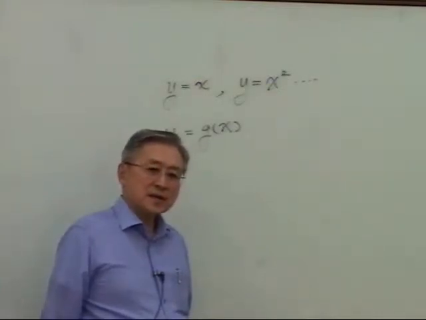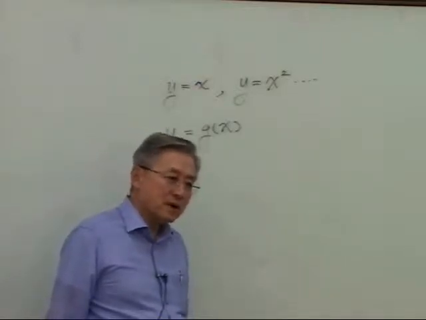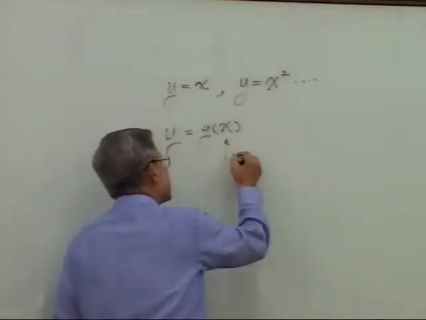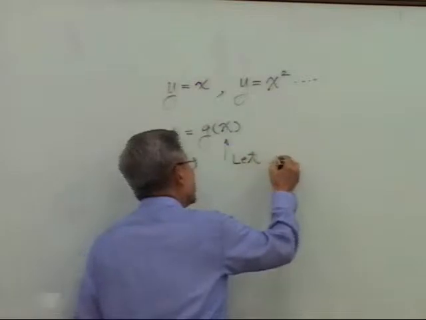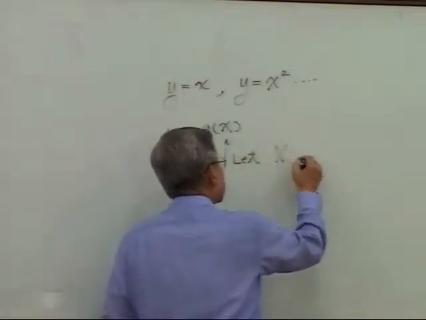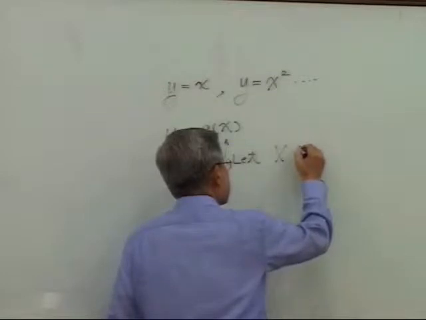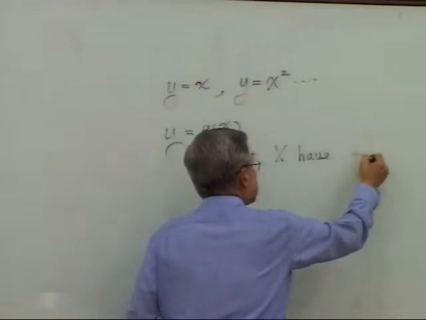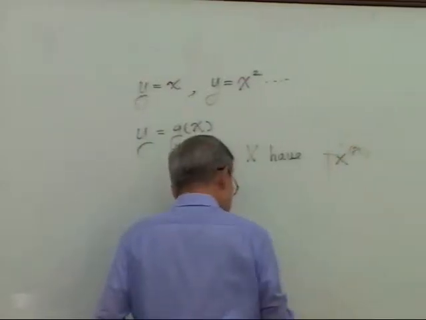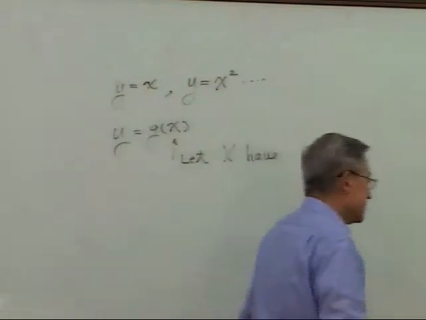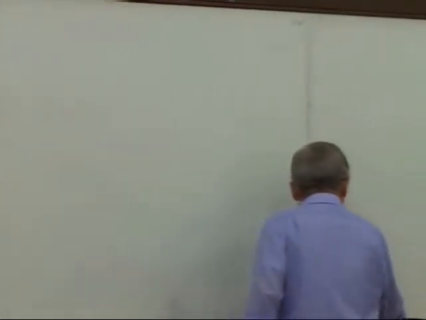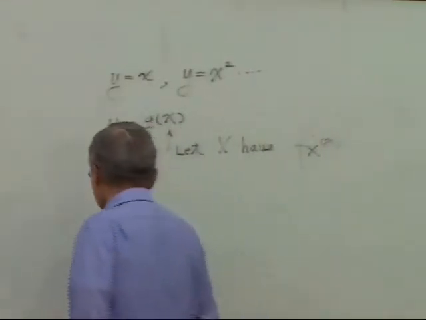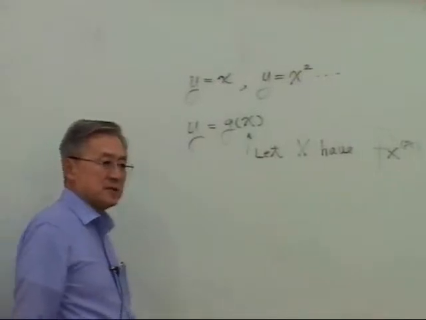Then let's say x and y both are random variables. I know x has f(x), so we know the probability distribution function or probability density function of x.